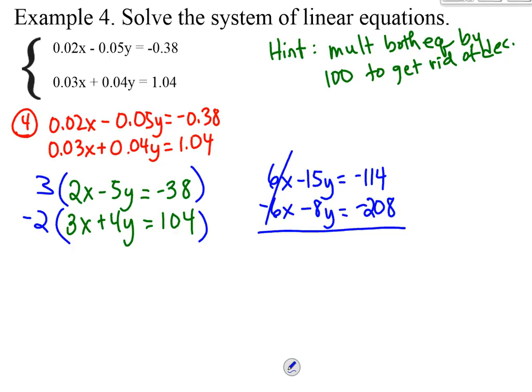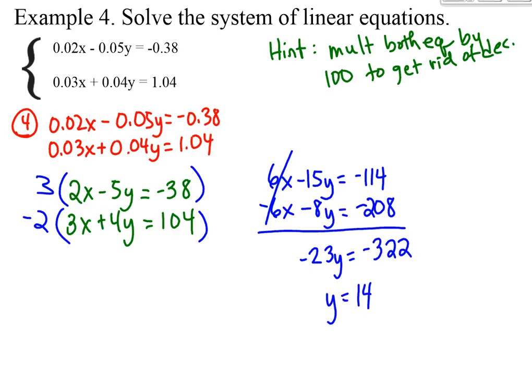Combining or adding those two equations, I get negative 23y equals negative 322. And then when I divide by negative 23, I get y equals 14 on that one.